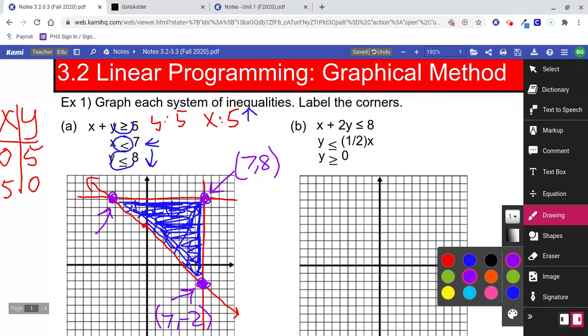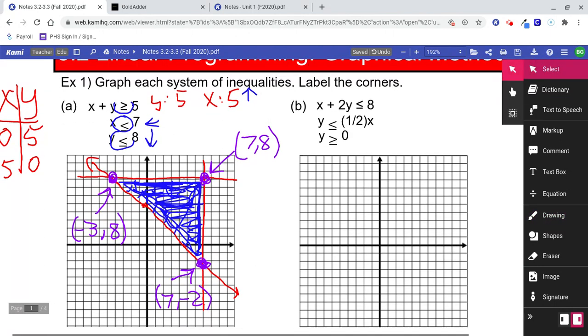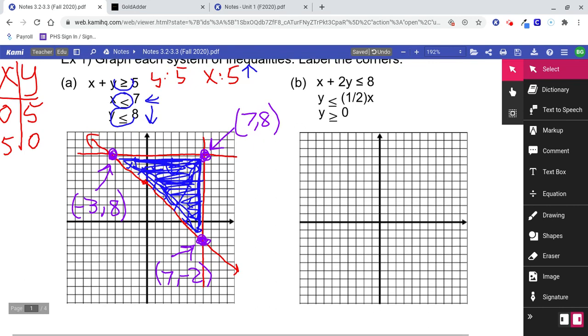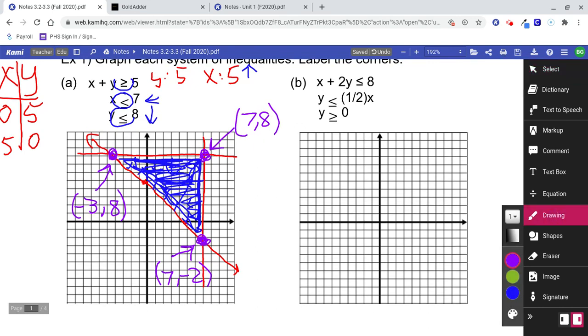But I believe the point should be negative 3, comma 8. Is that what you got? Negative 3, 8. So I might have to go back and redraw that. But anyway, that's what we're trying to do. If you can get those corners, then the rest of it's just basically plug and chug. Okay? Let's move on. Part B. I'm going to look at those intercepts.